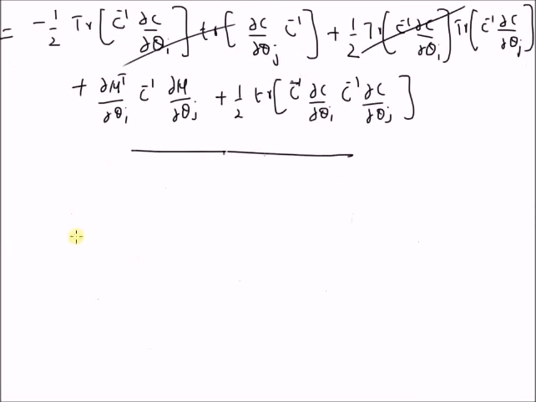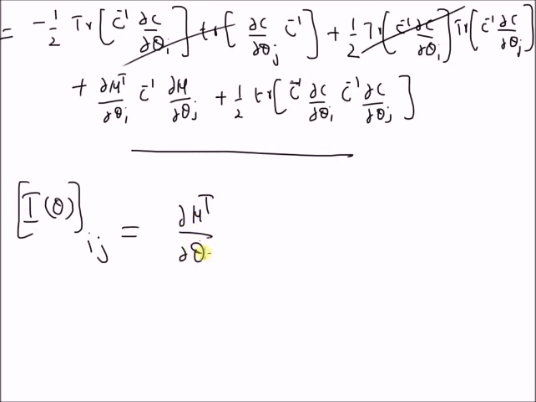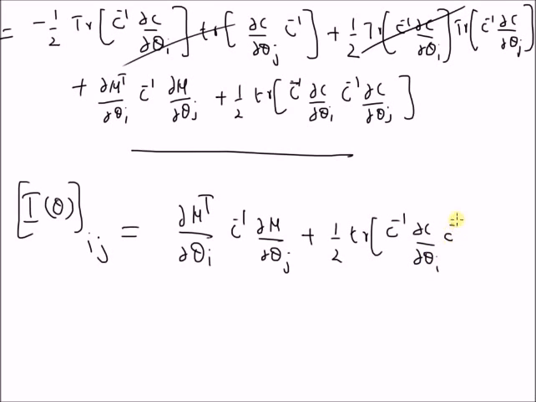So clearly the element of the Fisher information matrix, that is the element in ith row and jth column, is equal to the sum of these two terms, that is derivative of mu transpose with respect to theta I C inverse derivative of mu with respect to theta j plus 1 by 2 trace of C inverse derivative of C with respect to theta I, and again C inverse derivative of C with respect to theta j. This is the final result.